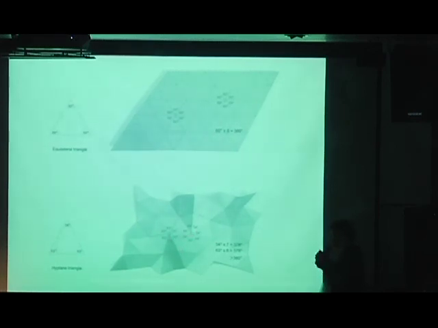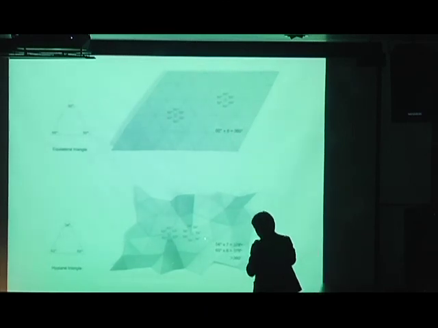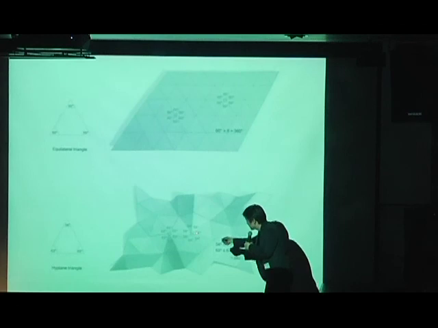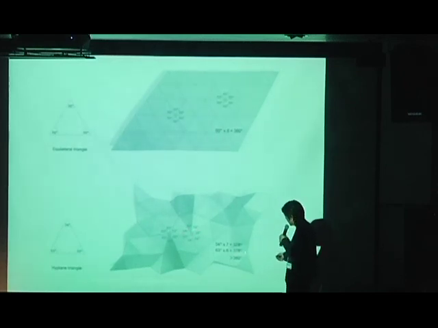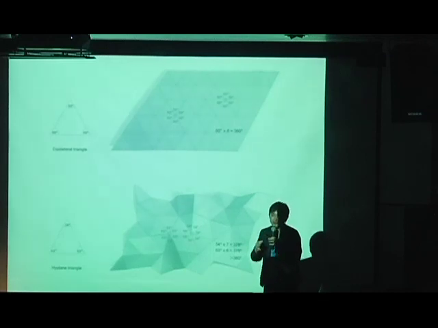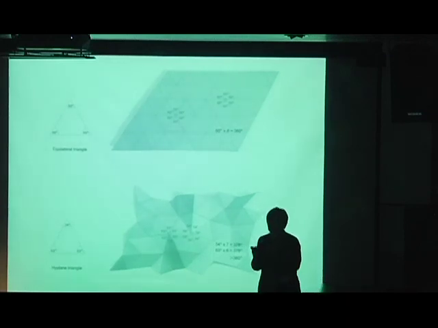But this triangle naturally makes the pleated shape because if we add these angles, we get 378 degrees every time, which is more than 360 degrees.